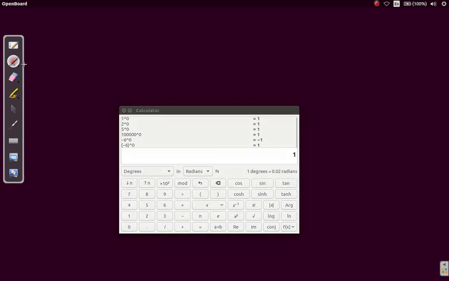Remember, when you have -6 raised to the 0, the calculator interprets it as -1 multiplied by 6 to the 0, and it keeps the negative. So the answer you see is -1.